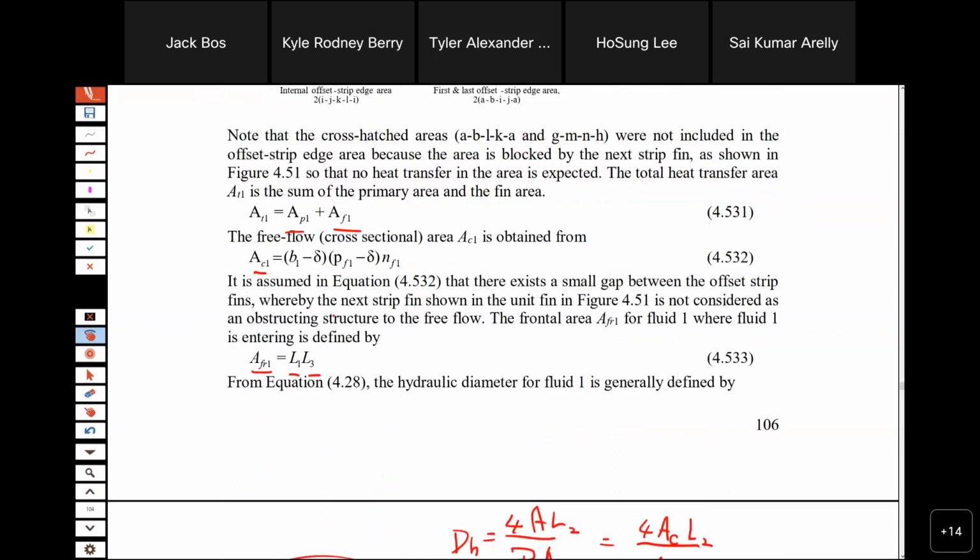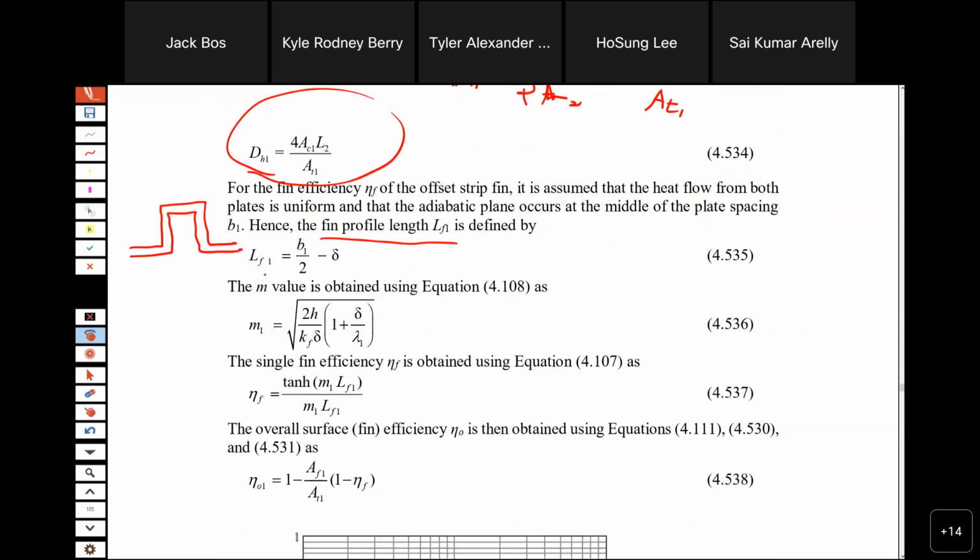Reasonably, we define the profile length: B1 divided by 2 minus delta. That's a profile length. Okay.